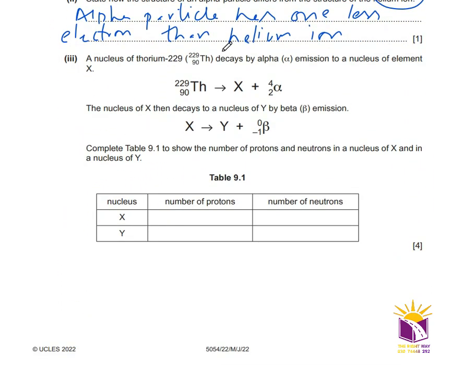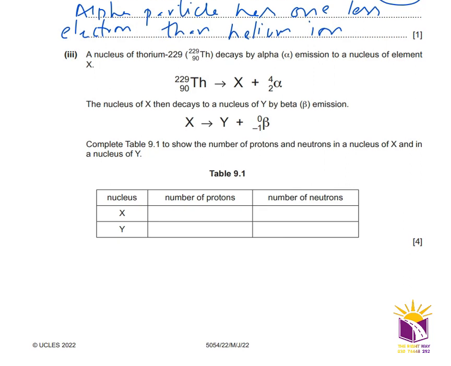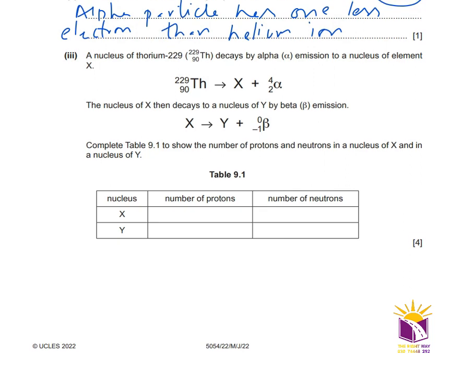Question number 3. A nucleus of thorium 229 90 decays by alpha emission to a nucleus of element X. The nucleus of X then decays to a nucleus Y by beta emission.